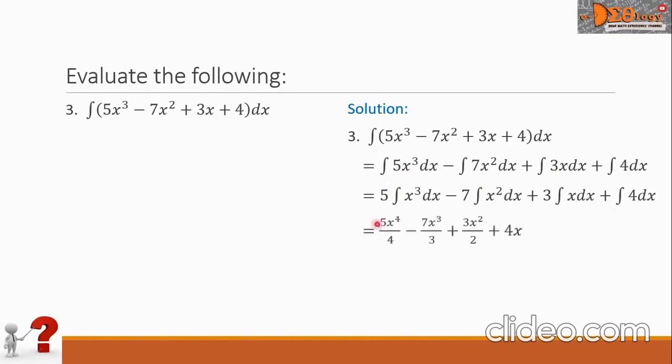So we have now 5x raised to 4 all over 4 minus 7x raised to 3 over 3 plus the constant 3 and then the x with power 2 over 2 plus the 4 with the x, and then we will add the plus c. This is now the final answer.